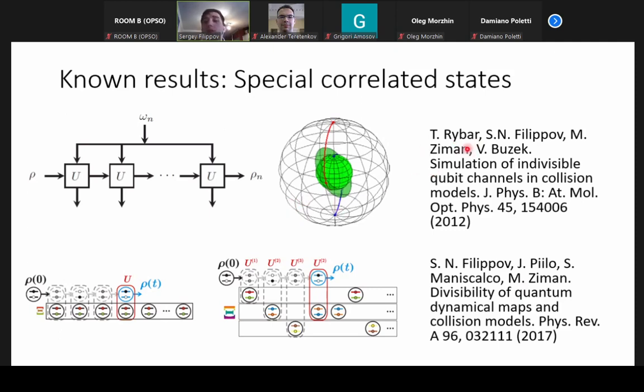One of them, in a paper published in 2012, considered a GHZ-like environment and particular unitary interactions of controlled unitary type. So the solution was considered only in that special case. And another paper dealt with some correlated states Xi that were of direct sum form.